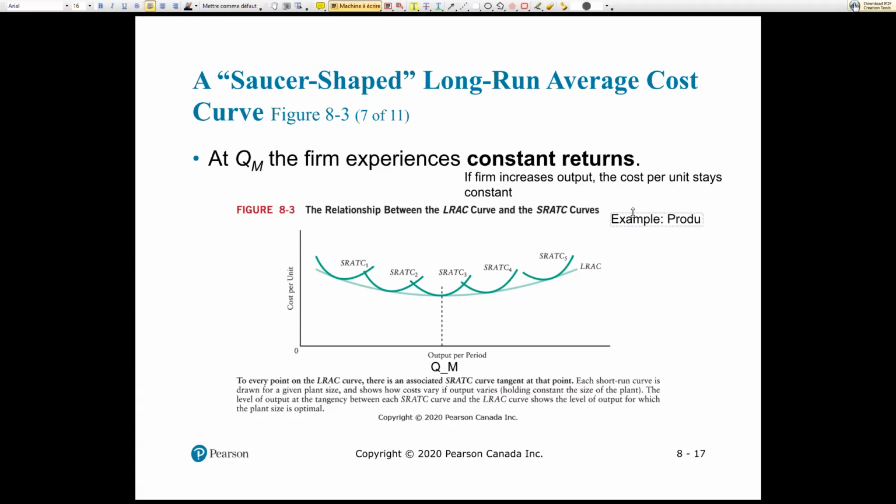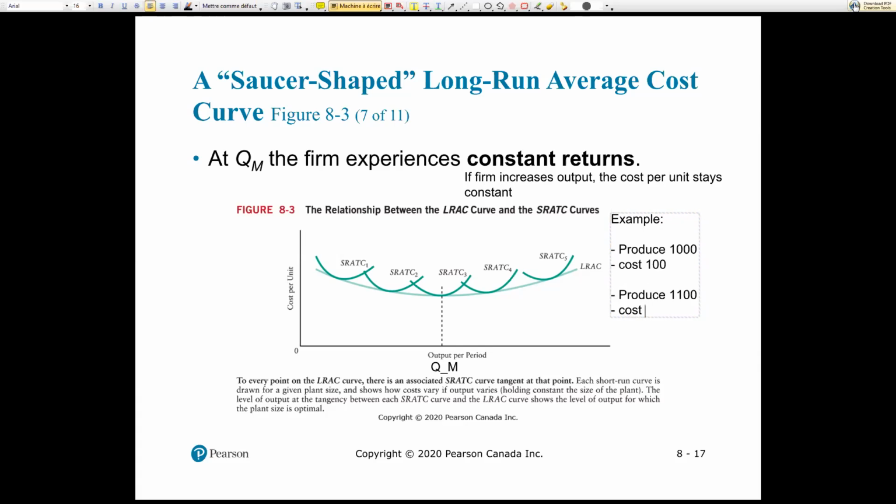example, it costs me to produce 1,000, cost 100, then produce 1,100, and the cost is, what would be the cost? $110.